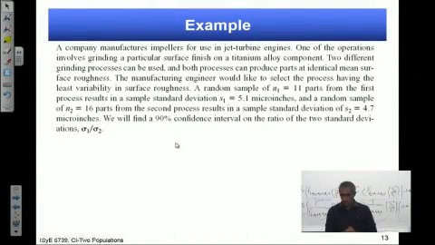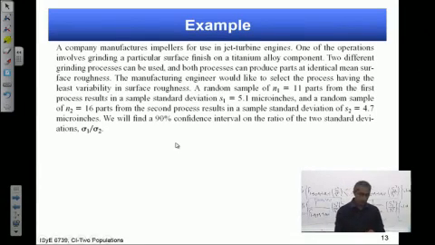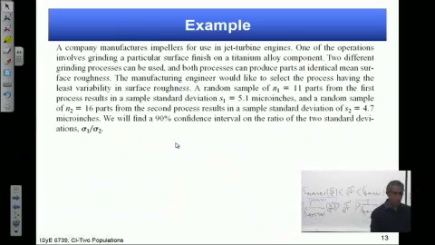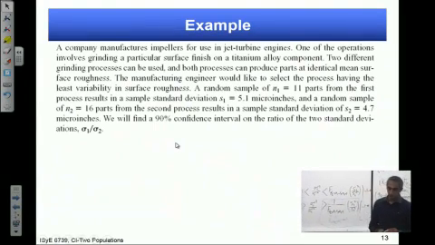So we have a company that manufactures jet turbine engines, and we have a process or operation that involves grinding a particular surface finish on some component. We have two methods, and we want to see which one has less variability. So we are going to find the confidence interval for the ratio of sigma 1 squared and sigma 2 squared.